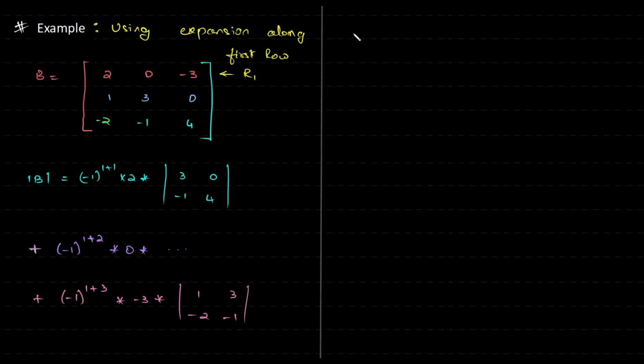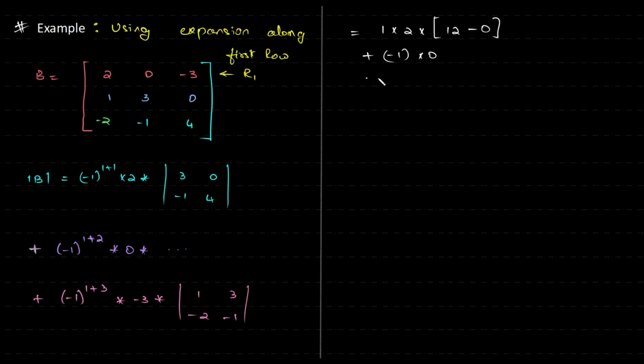And finally we have this to be 1 into 2 into this would be 3, 4 3s are 12, plus actually minus 0. It doesn't matter anyways. Next would be minus 1 times 0. So I'm just writing it.